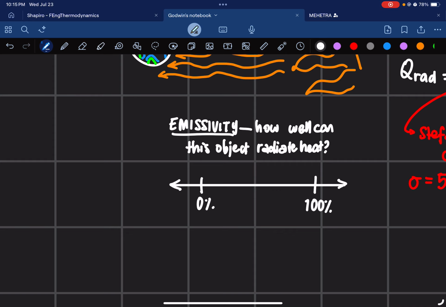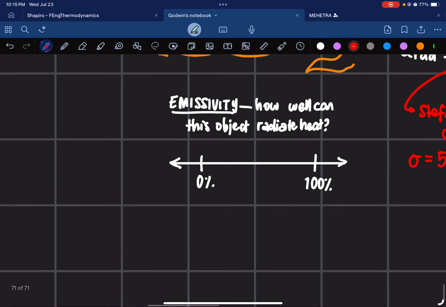Now, if the emissivity of an object is 0%, which is difficult to achieve or look out for, because nothing is absolute, almost everything will have an emissivity. You call it a white body.